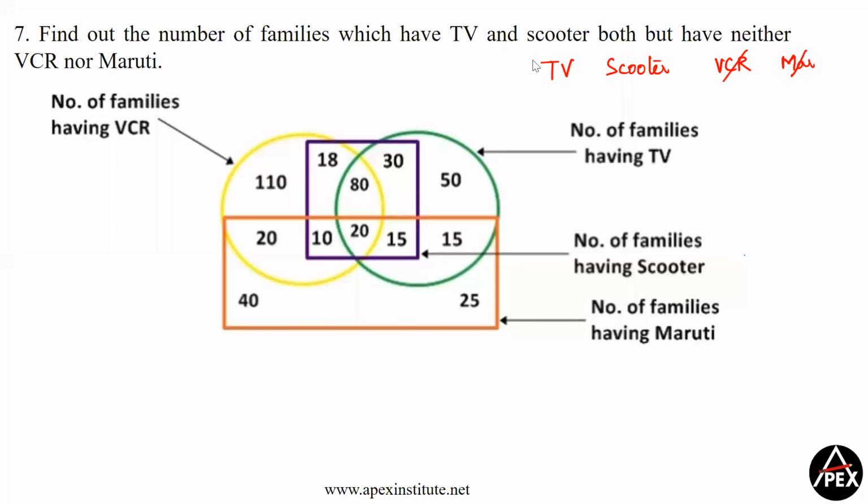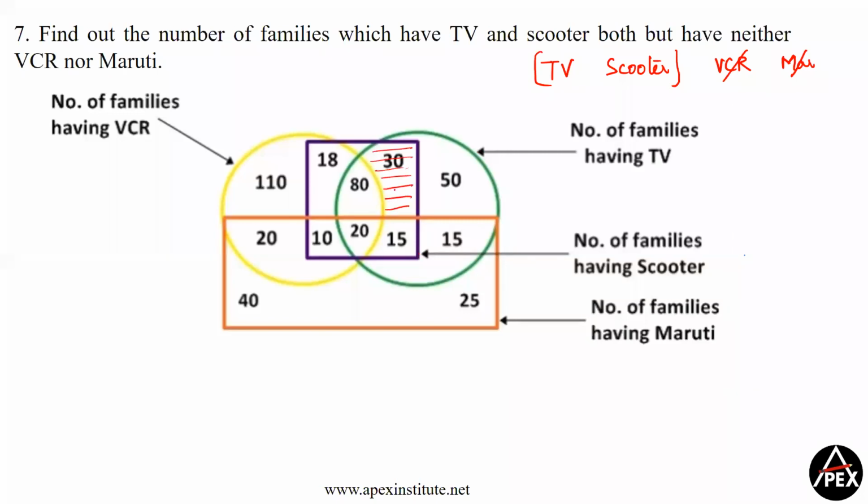Yes. Okay. Now this circle represents families having VCR. This circle represents TV. This square represents families having scooter, and this rectangle represents families having Maruti. Now first let us find out the region common between TV and scooters. That will be common to this square and this circle.